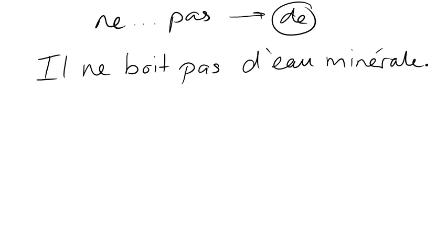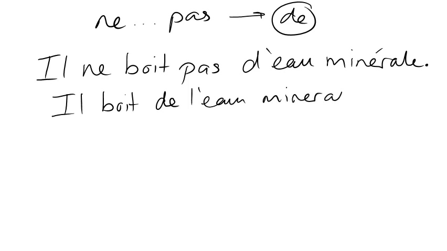If we were to put it back the way that it normally is, it actually would be il boit de l'eau minérale. So notice the de stays, the L leaves, and because this is a vowel, we're going to do the same thing that we did with the L. So it's basically the same thing.